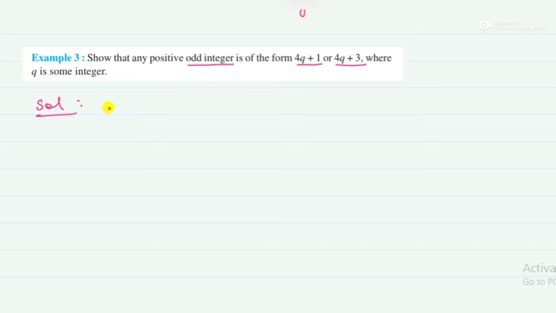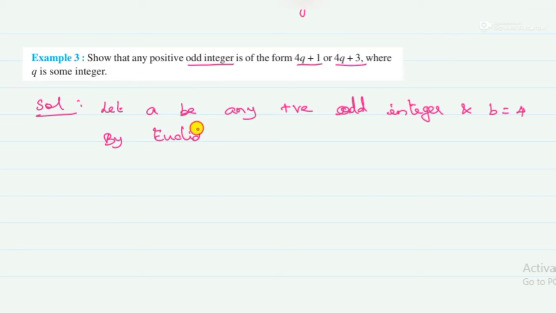Just like the previous question, let us consider a be any positive odd integer, and b value, let us take it as 4 as it is given in the question. We need to show it as 4q plus 1 or 4q plus 3. So b value is equal to 4.